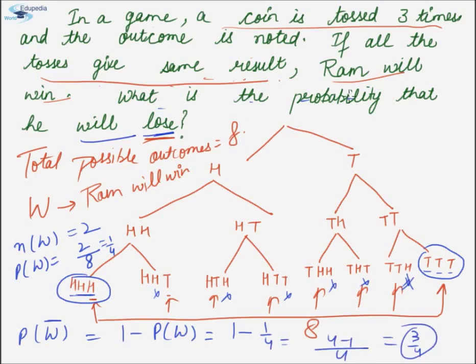So the probability that Ram will lose is 3 by 4.